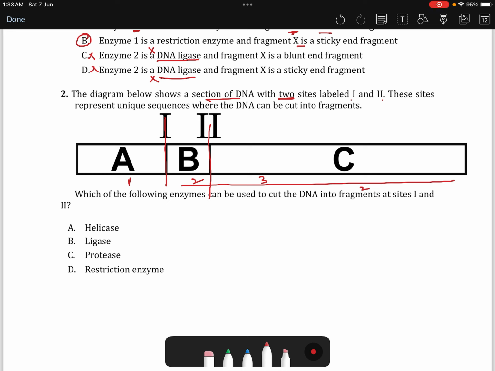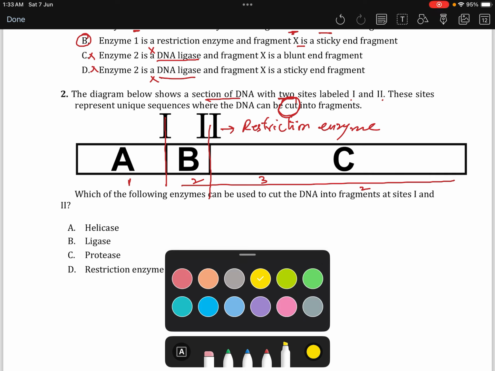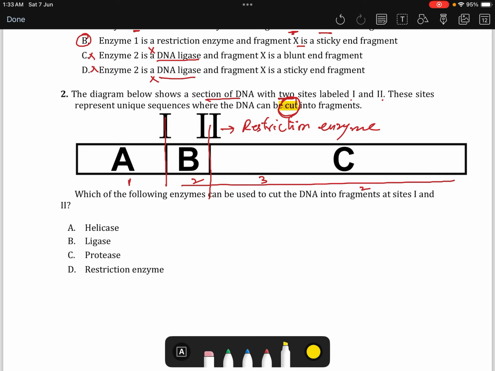And 1 and 2, these two are restriction enzyme sites, because they are going to cut. These sites are unique where the DNA can be cut. So whenever you see this cut, simply it's a restriction enzyme. Don't worry when you have the word cut. So the answer is D.